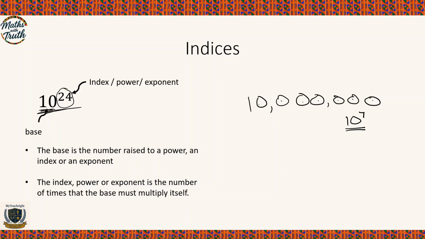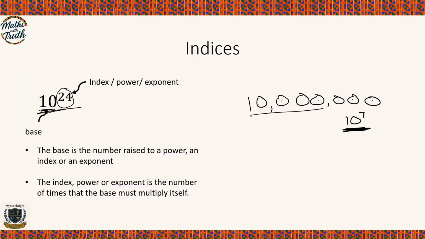It's easier to write. It takes less space, less time to write it, and you can be more consistent with this than writing this whole 10 million in the normal form, the ordinary form, we call it. So writing this way is better.